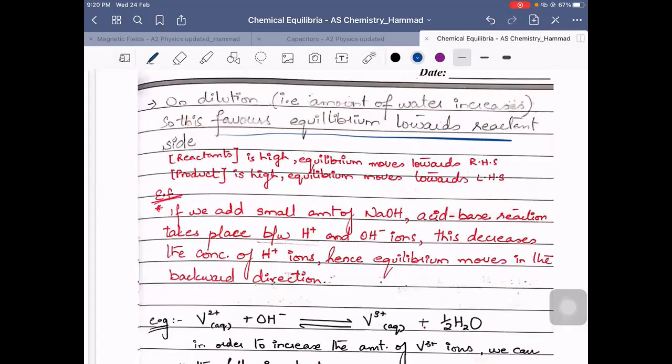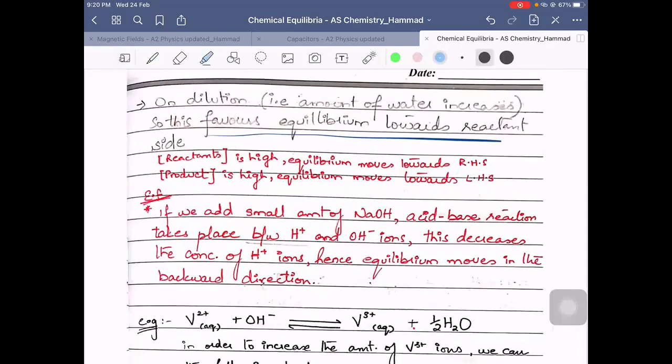So as a matter of fact, if the concentration of the reactant is high, equilibrium moves towards the right hand side. Otherwise, equilibrium moves towards the left hand side.